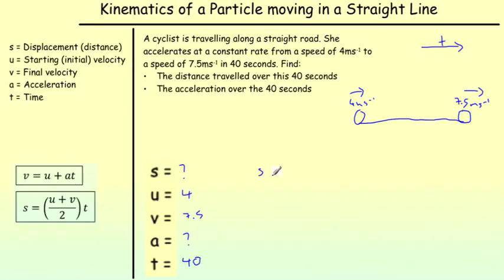So S, what we're looking for, is equal to U plus V, so that's going to be 4 plus 7.5, all divided by 2. And we're going to multiply all that by T, by our time, which is 40 seconds.